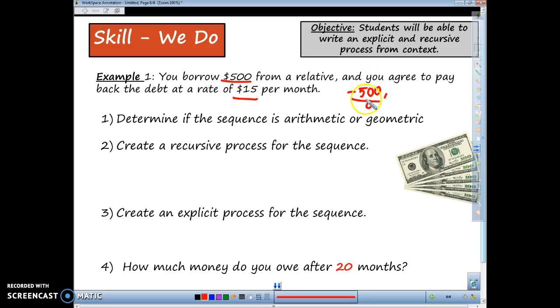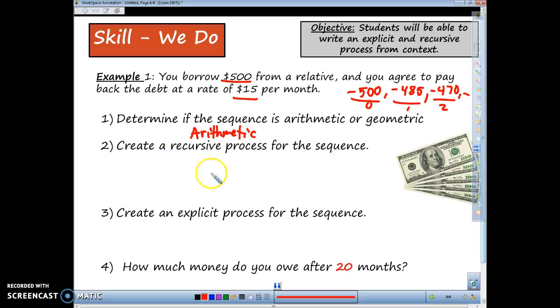Negative 500 plus 15 would be negative 485, plus 15 would be negative 470, and so on and so forth. Since we're paying back at a rate of $15 per month, that is adding $15 per month, so our sequence is arithmetic.